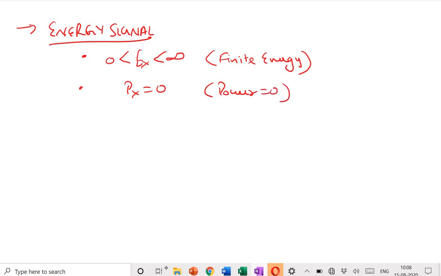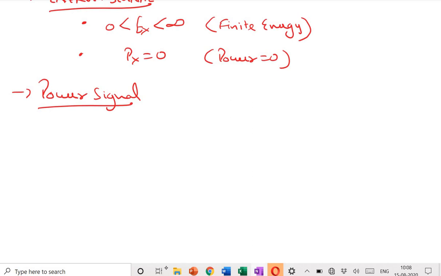Such a signal with finite energy and zero power is known as an energy signal. On the other hand, in case of a power signal, the power is finite and the energy is infinite.